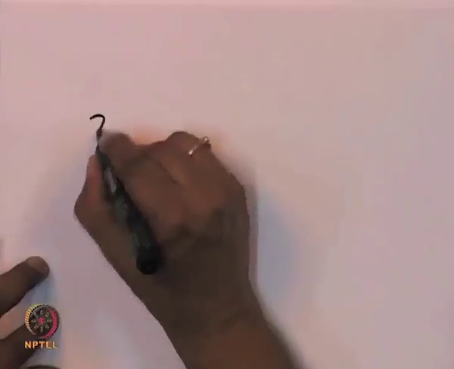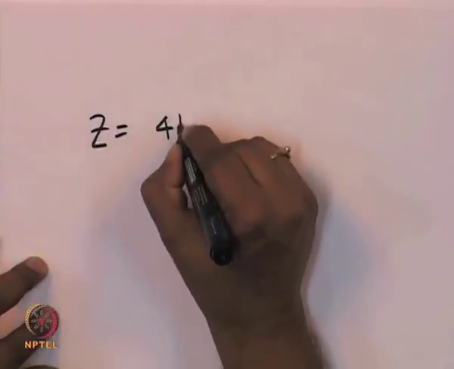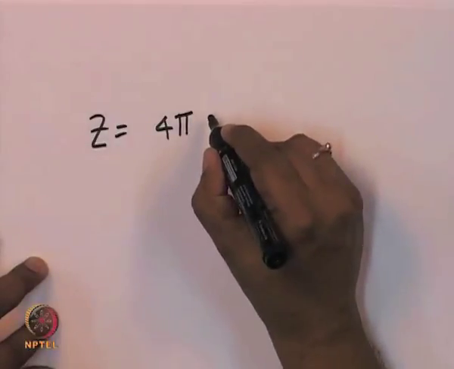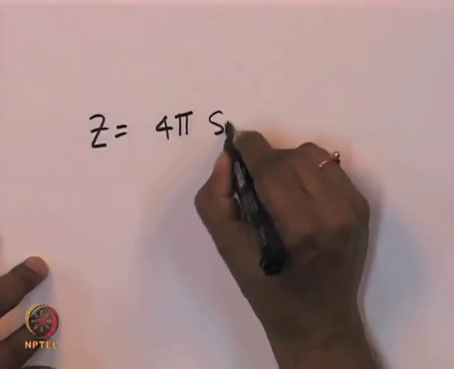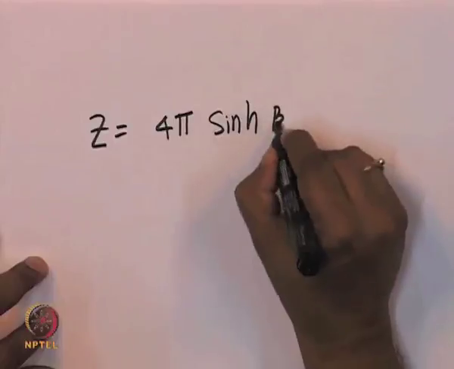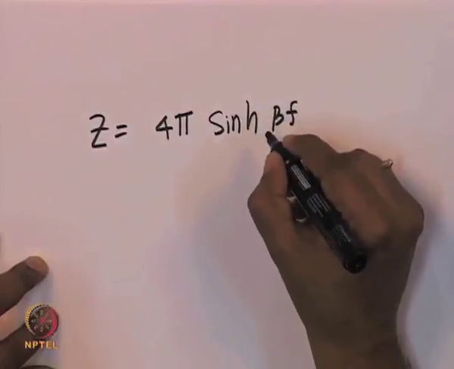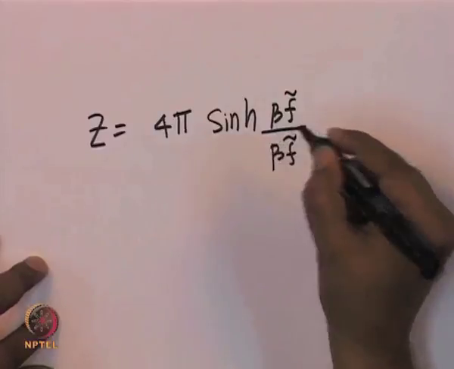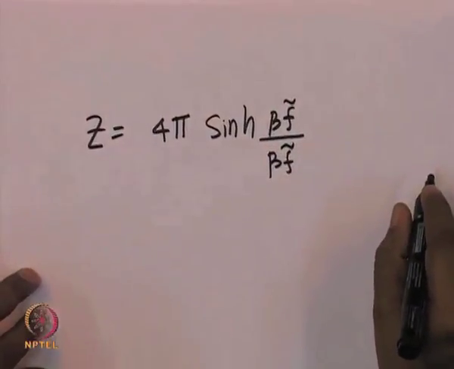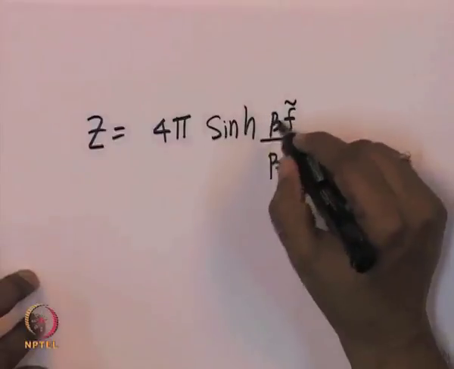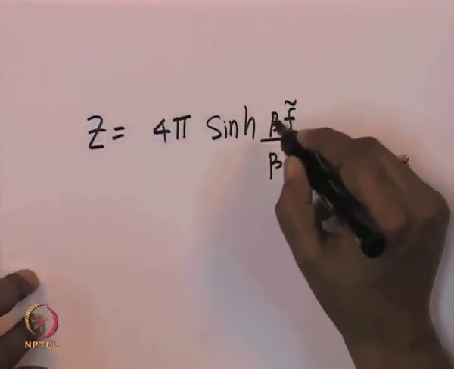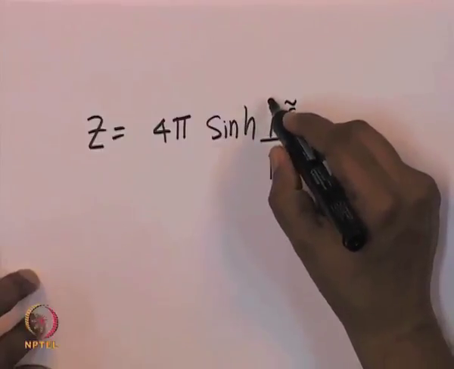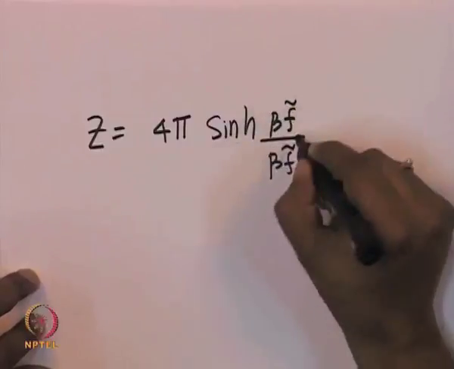So, the answer will turn out to be 4 pi sinh(beta f tilde) by beta f tilde, like we just did the other day in the previous class for calculating the partition function for a single strand DNA with force.